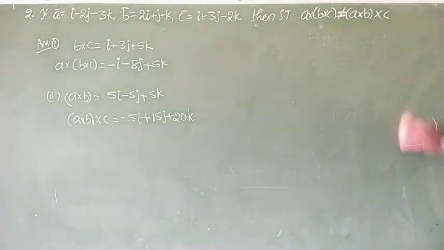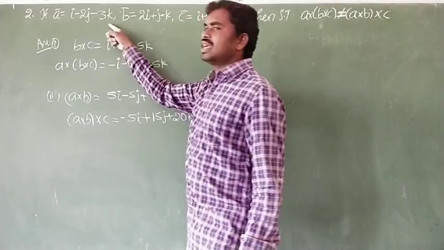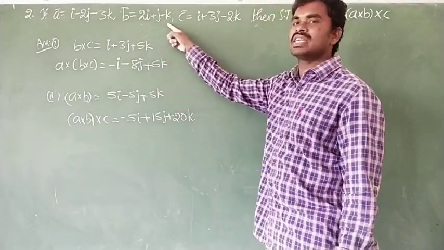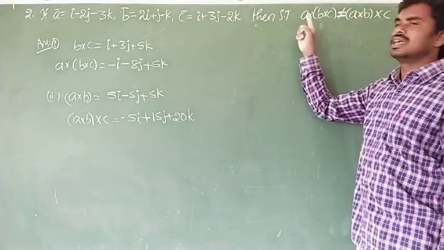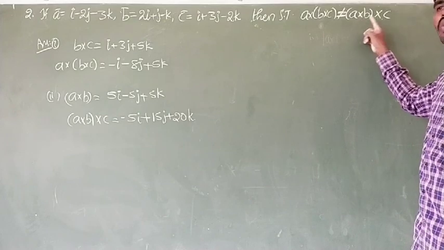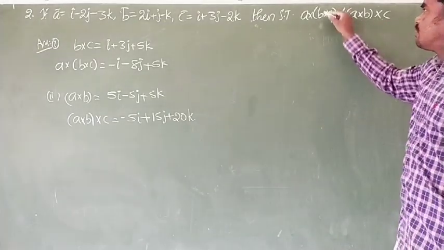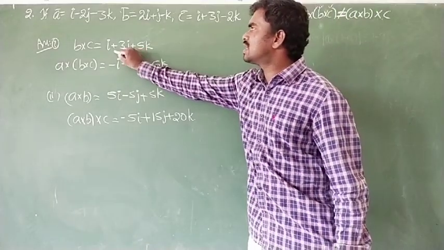Next, second one. See, if A bar equals i minus 2j minus 3k, B bar equals 2i plus j minus k, C bar equals i plus 3j minus 2k, then show that A cross B cross C is not equal to A cross B cross C. Okay. See, first find the B cross C vector. You will get i plus 3j plus 5k.